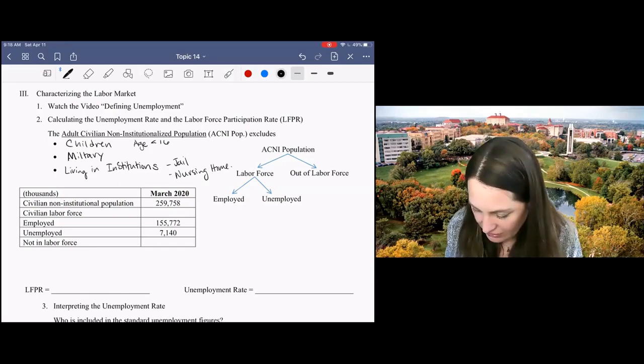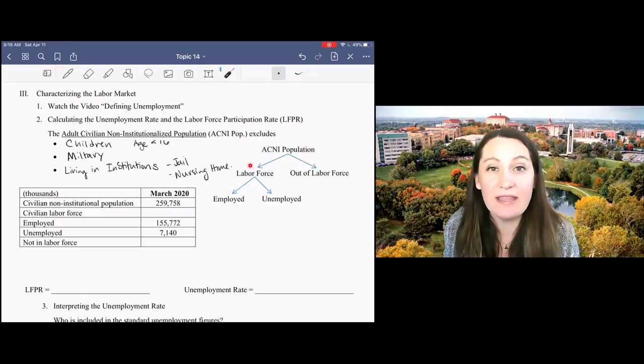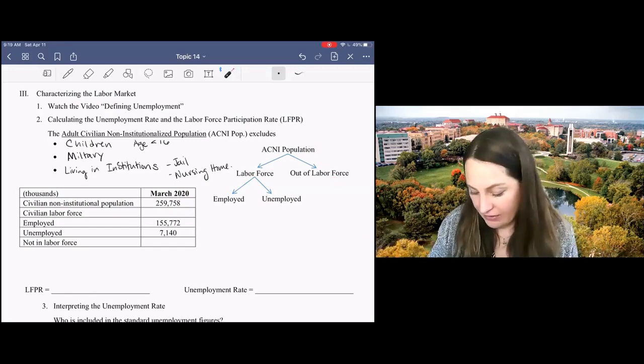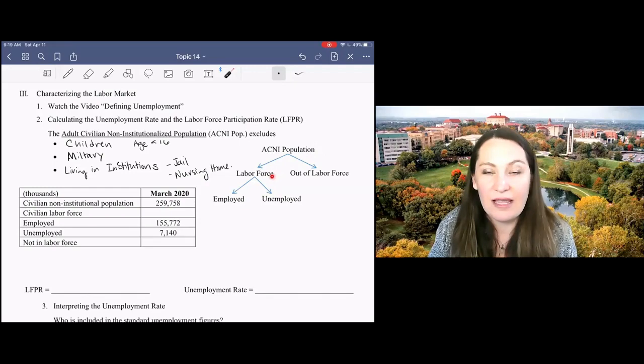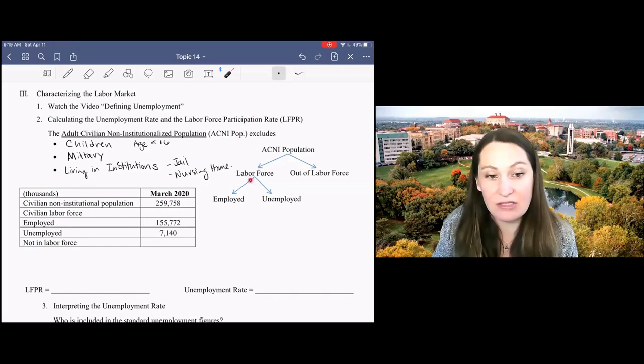Once we have our adult civilian non-institutionalized population, we can break that down into people who are in the labor force and people who are out of the labor force. All the people who are eligible for work, who would like to be working and who would not like to be working. Then from our labor force, we can break that down into two categories of people who are employed or people who are unemployed.